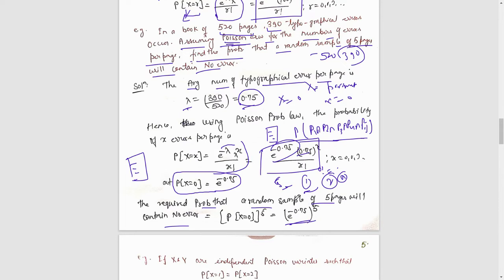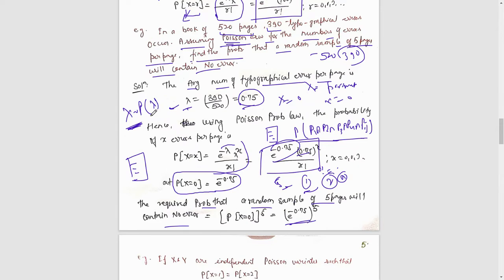Okay, is there any confusion about how we do this problem? It's a simple thing: we just find lambda, which is the average number of errors per page, and then we use the Poisson probability law, where x is the number of errors. X follows the Poisson distribution, which is for a single page.